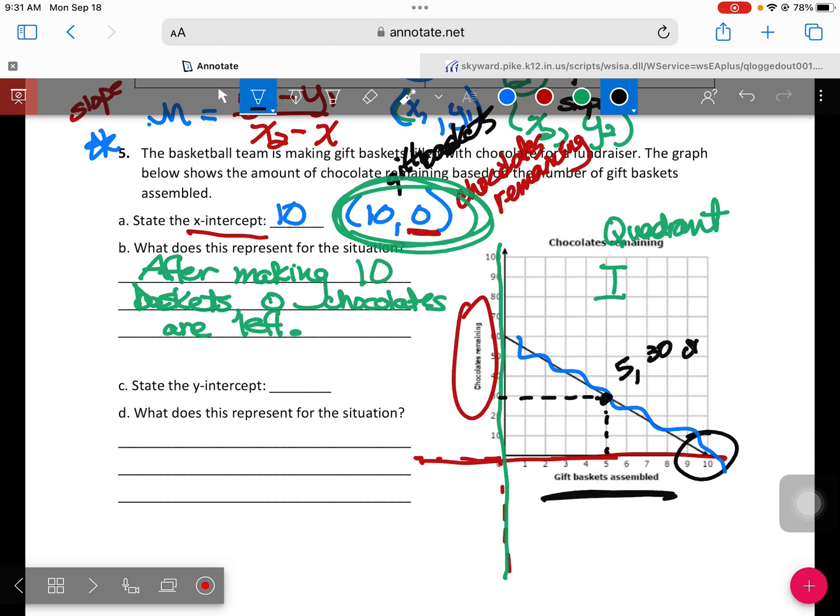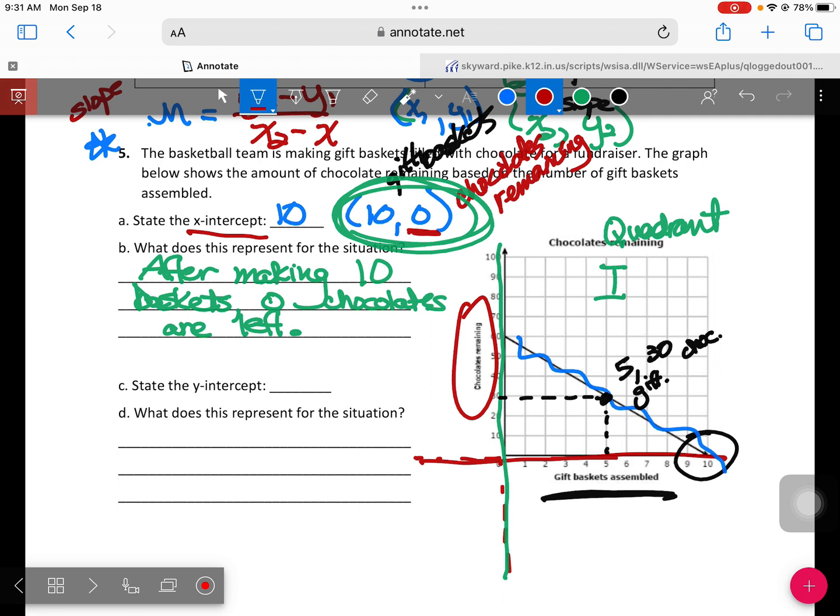Where is the graph crossing the y-axis? Right there. So here's my y-axis, and it would be 60. Do you see that now? Okay. So that is 0 for my x and 60 for the y coordinate.